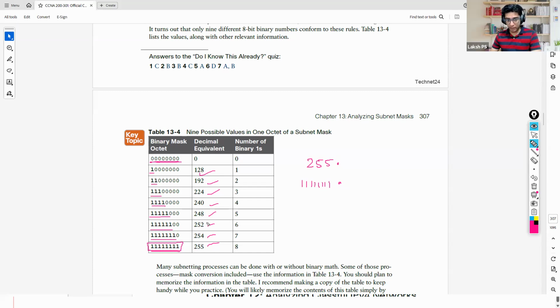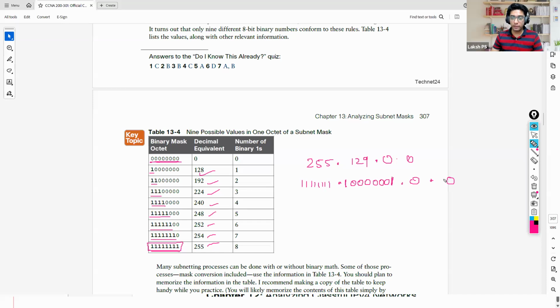It can be any other number. Let's say if I use 129, for example, I will have a 1 over here in the eighth bit. And if I write the rest as 0.0, it is all zeros over here and all zeros over here.